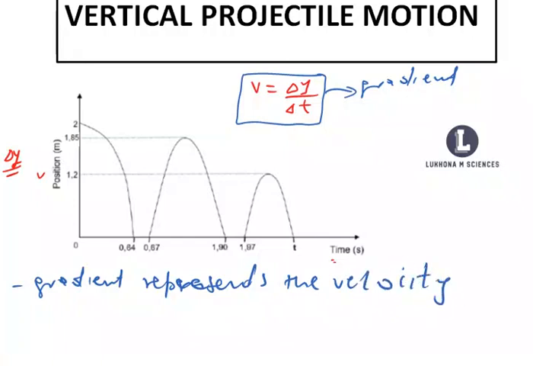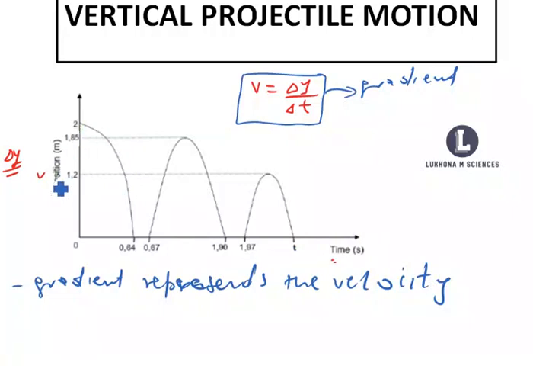We are going to calculate the gradient; it represents the average velocity only, nothing else. We are not going to calculate the area here, because if we multiply delta y and delta t, there is no physical quantity we get. So this is very simple.